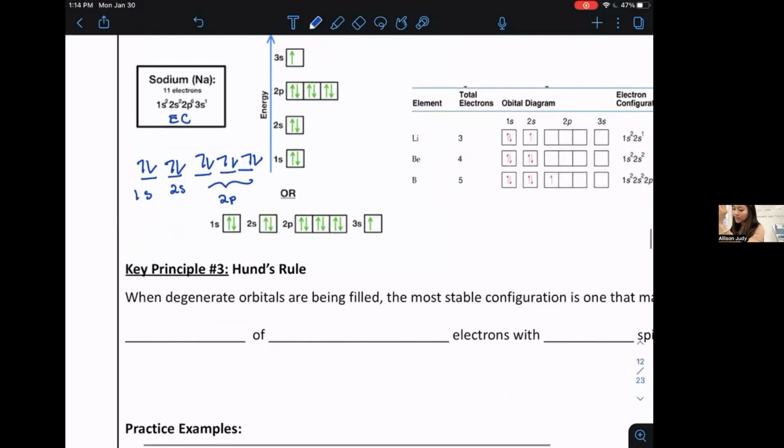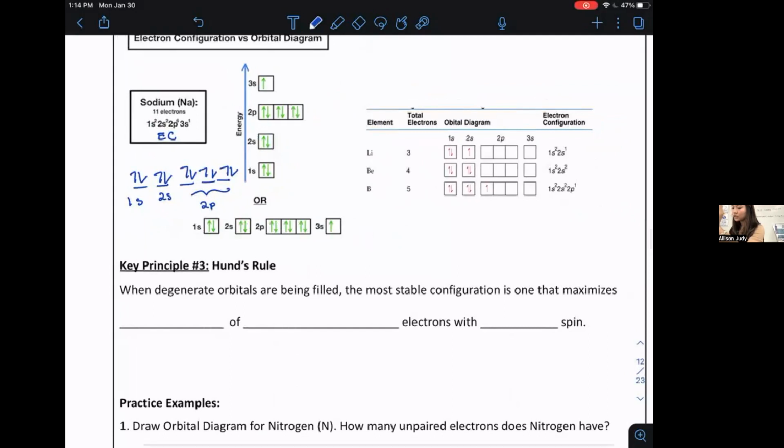Hund's rule tells us that when degenerate orbitals are being filled, the most stable configuration is the one that maximizes the number of unpaired electrons with the same spin. We always start with the up spin, because we want to start positive.